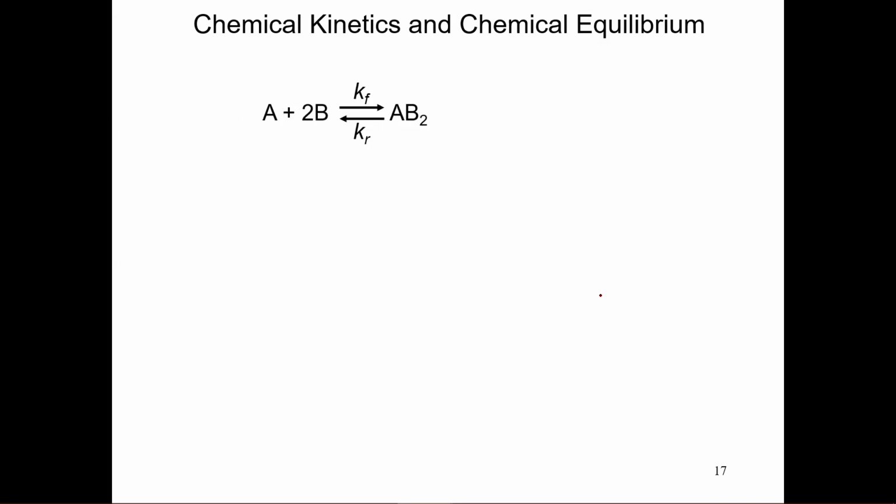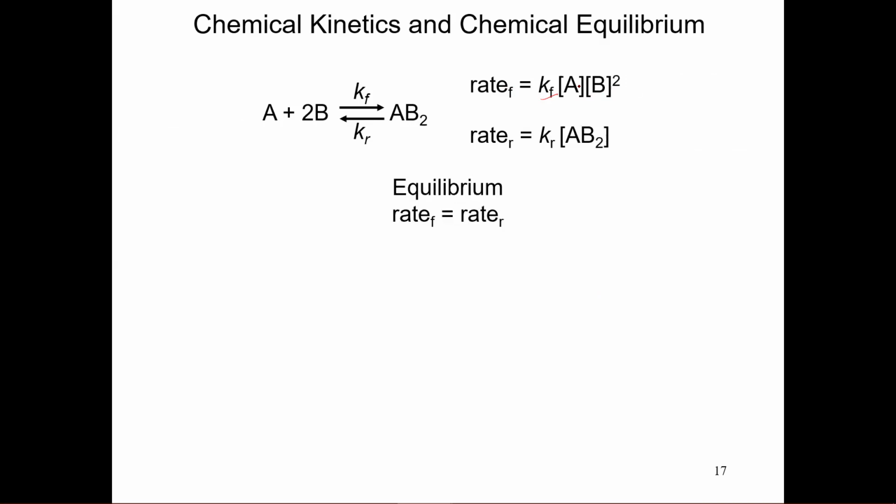For example, if you've got A plus 2B, you've got a forward k and a reverse k. The rate is going to be equal to this in this condition. You have the k forward times A times B squared. The rate reverse will be k reverse times the concentration of AB2. At equilibrium, the rate forward equals the rate reverse.